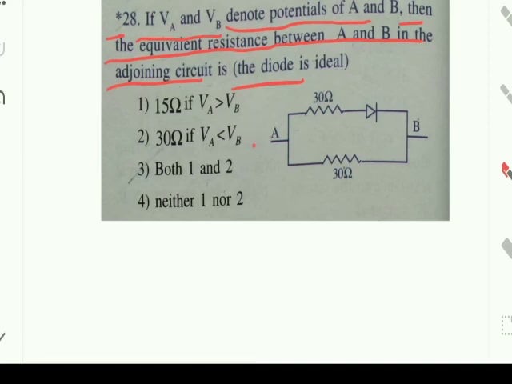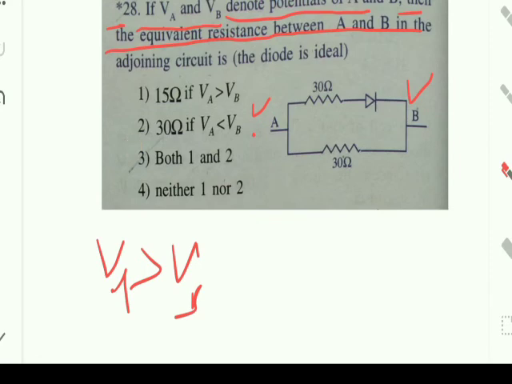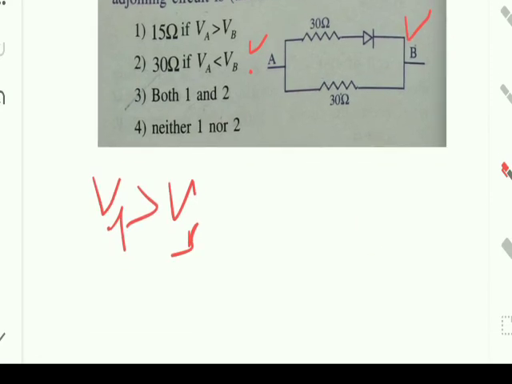Point A potential VA, point B potential VB. So he has given two pieces of information. One is VA greater than VB.